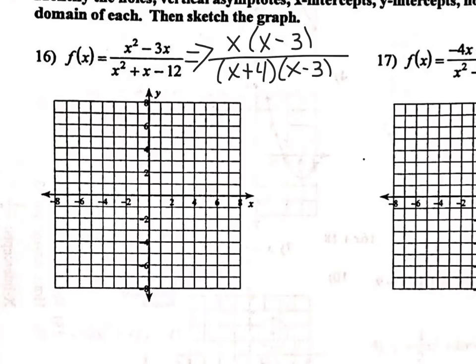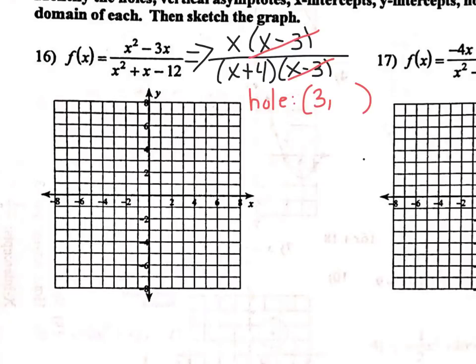We know that the hole is going to be located wherever we have a numerator and denominator the same that reduce out. So what we have is an x minus 3 over x minus 3, which reduces. That means that I have a hole in my graph at x equals 3.